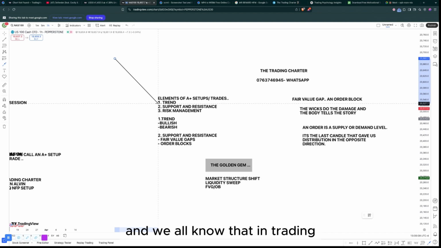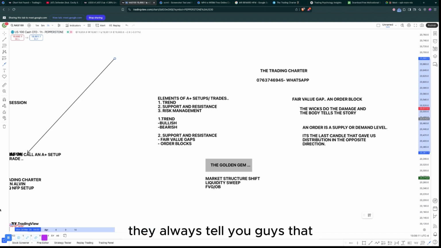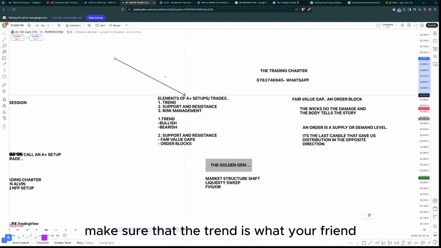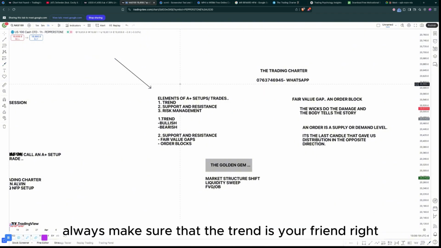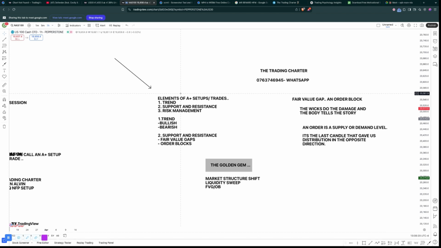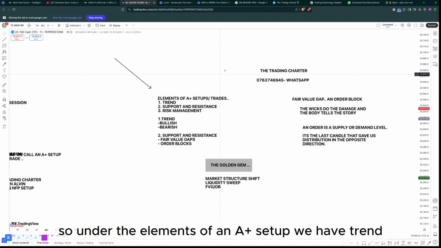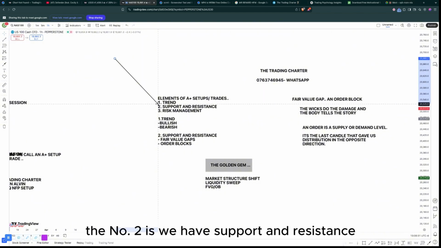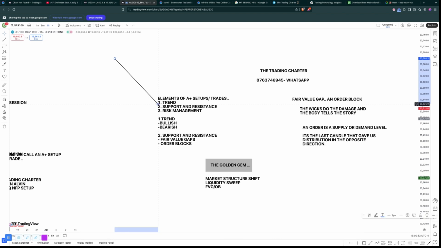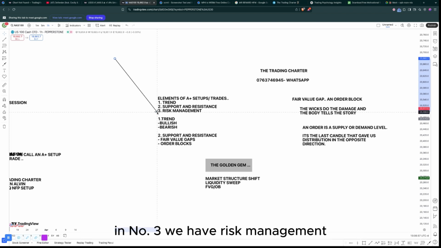In trading, they always tell you to make sure that the trend is your friend. So under the elements of an A+ setup, number one is trend. Number two is support and resistance. Number three is risk management.